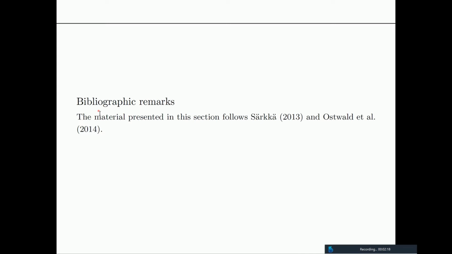I follow here quite closely this book by Särkkä, or however you pronounce him, which is a nice small book that focuses exclusively on filtering and smoothing in state space models and their nonlinear extensions, and a little bit of parameter estimation also. It's quite nice because it's very accessible, but still formal enough so that one can actually implement things.